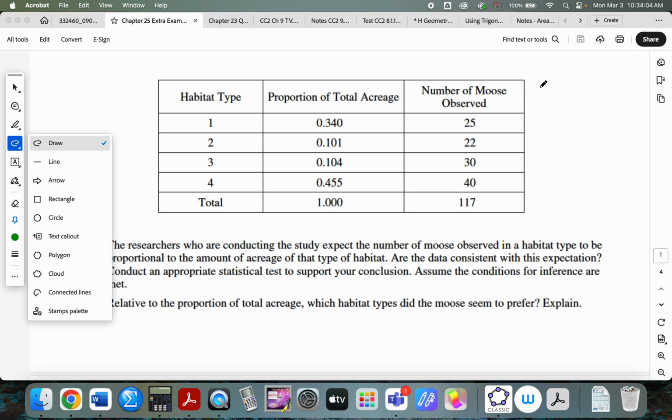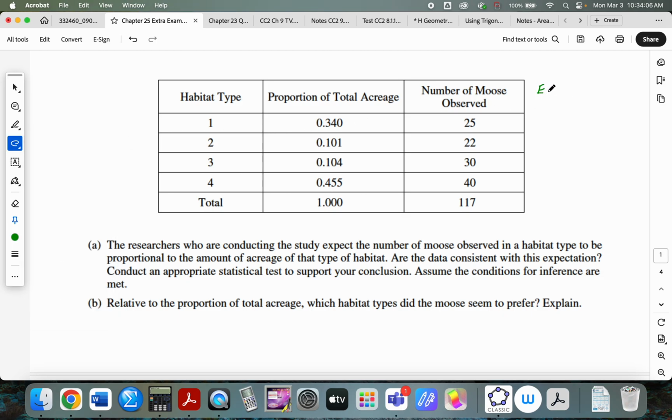So I'm going to add an extra column, expected number of moose. Now, if you want to be efficient, then you probably want to, on the NumWorks, go ahead and start doing, what kind of a test is it that we're going to do here?